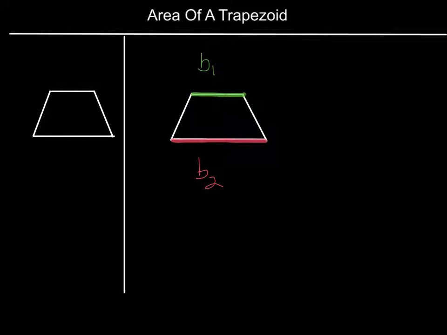And what we don't have notated in this, because there are no dimensions or numbers, is the height. If we're going to be using the area formula, which is area equals base times height, I would have to have a height. And one thing we do know about the height is it's at a right angle with the base.